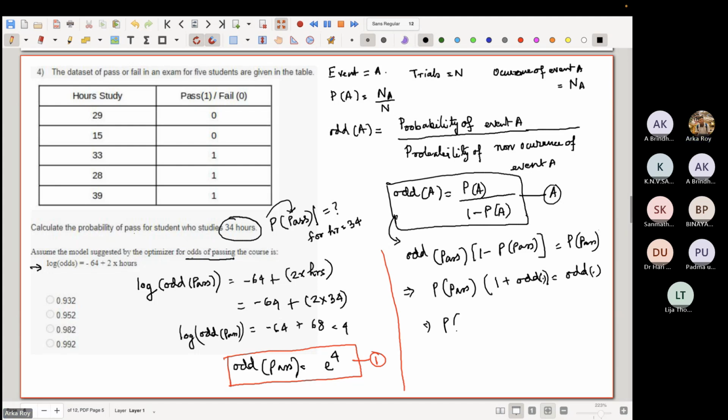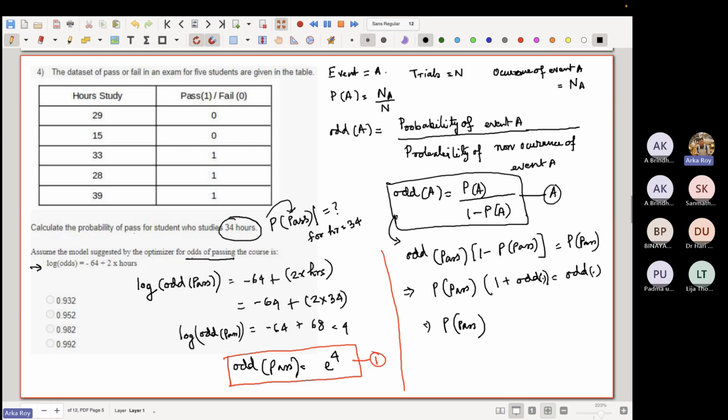So I can write probability of pass is equal to odd of pass divided by 1 plus odd of pass. We have already retrieved the value of odd of pass, so you can put it over here: e to the power 4 over 1 plus e to the power 4.